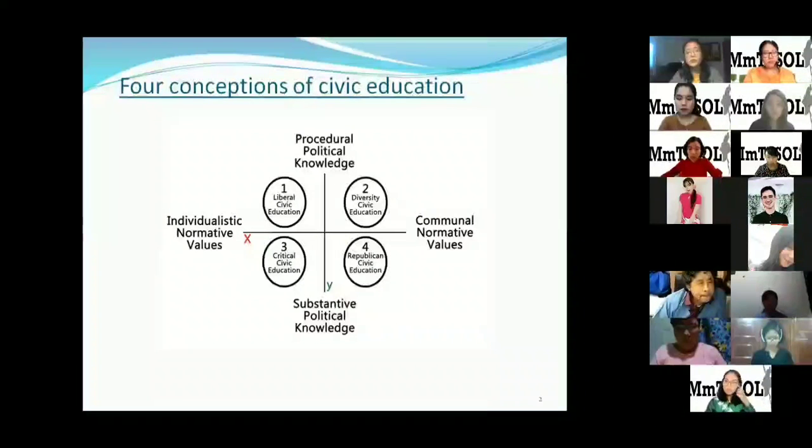If you look at the Y axis, at the upper top is procedural political knowledge. So what is it exactly? This is knowledge about the institutions or the rules and regulations of the country or the governance. For example, knowing about the voting system and voter education.